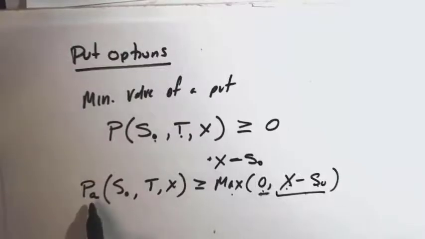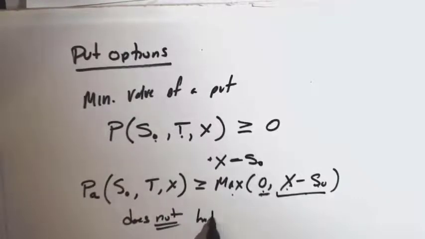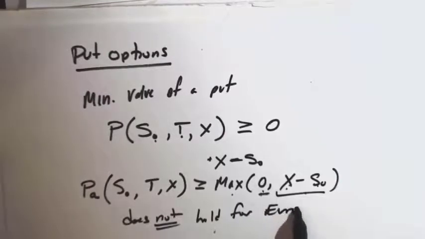Now, this is for an American, but this relationship does not hold for European options. The reason it doesn't hold for European options is because you can't exercise a European option early.